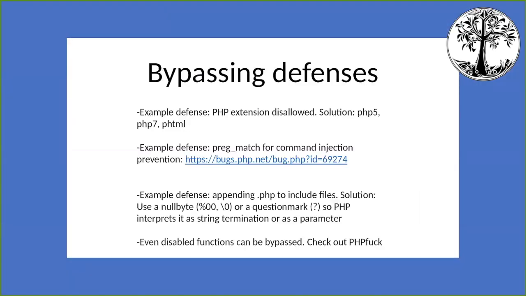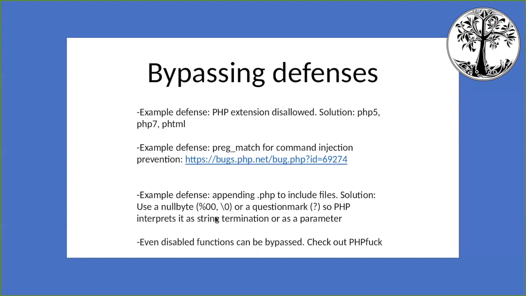All right, so example defenses when trying to include files. This is just for include, require, etc. You can use, for example, a null byte. Many people use this to terminate strings, because if you have ever done a buffer overflow, you know that the null byte is always a bad character because it truncates buffers, and it happens the same with PHP.